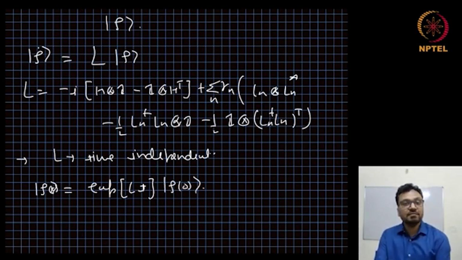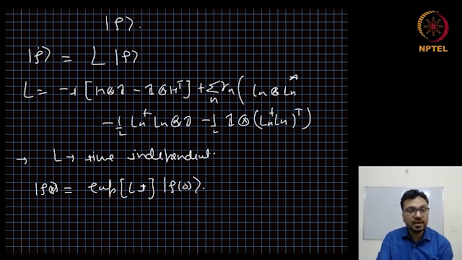So it's a simple vector equation now: we have a vector rho and the derivative of vector rho, and these two are related by matrix L. So if L is time independent, then in principle we can write rho of t equals exponential of L t acting on rho of 0, that is the state at time t equals 0. We can calculate vector rho of 0 from the initial state we are given by unfolding the density matrix. In this way we can evolve the state, get the state at time t, and then fold it back to get the density matrix at time t.